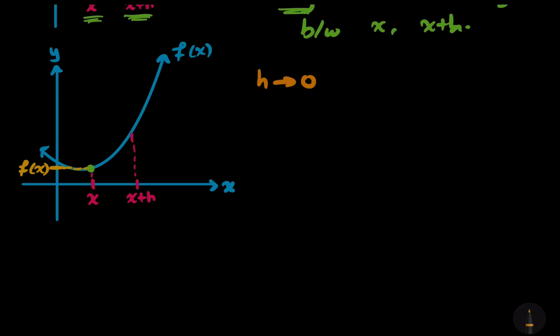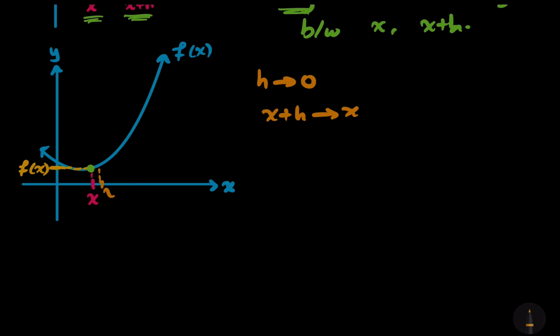Essentially, as h approaches 0, we know that x plus h is just going to approach x, right? Because if h goes to 0, then we're just going to have x. For example, if h is 0.000001, then that plus x is just going to be super close to x. And so I'm going to try to illustrate this: we can bring this x plus h even closer to x. So we can make it, for example, right over here.